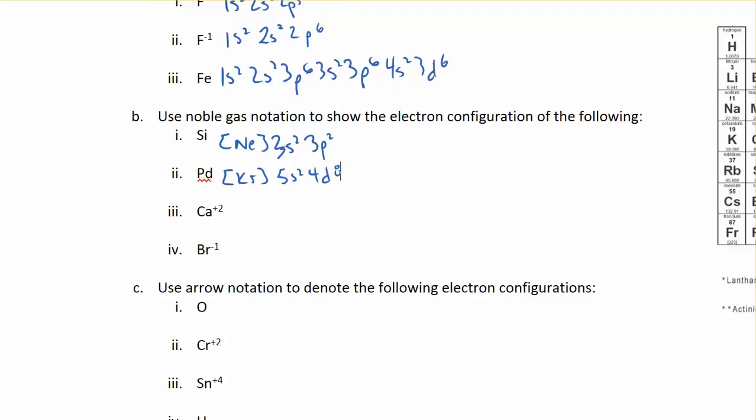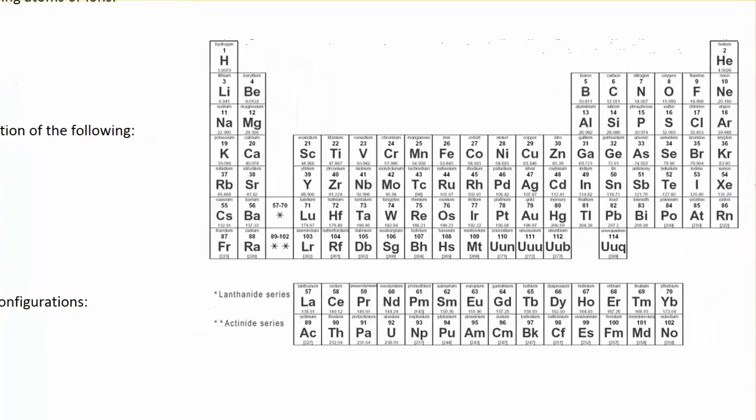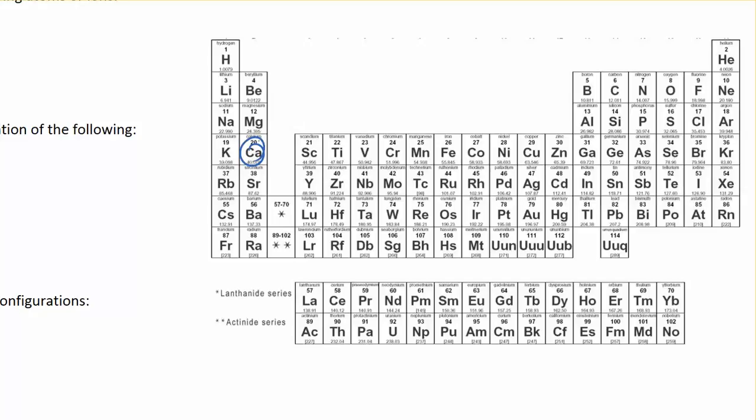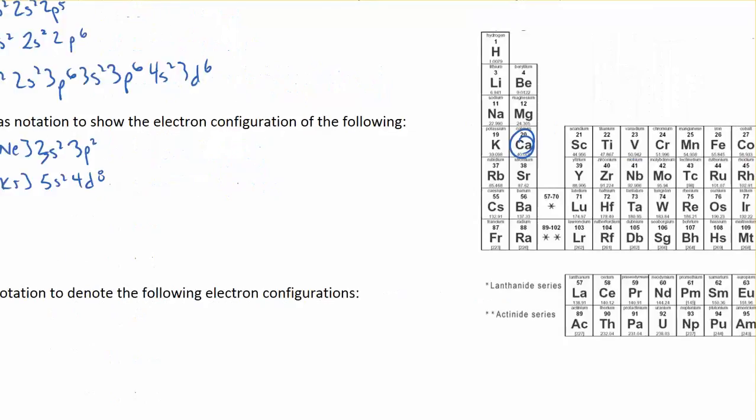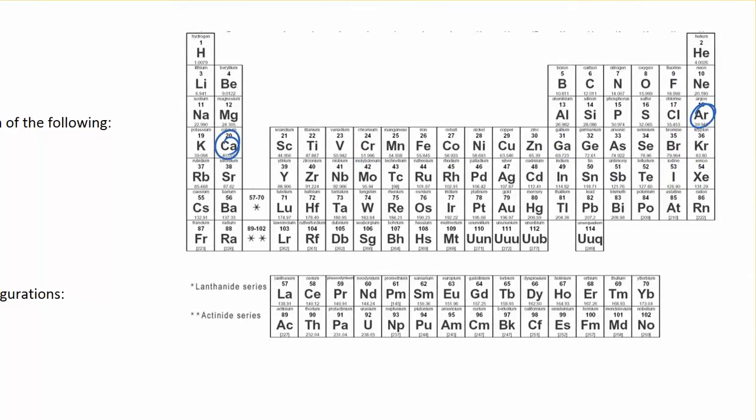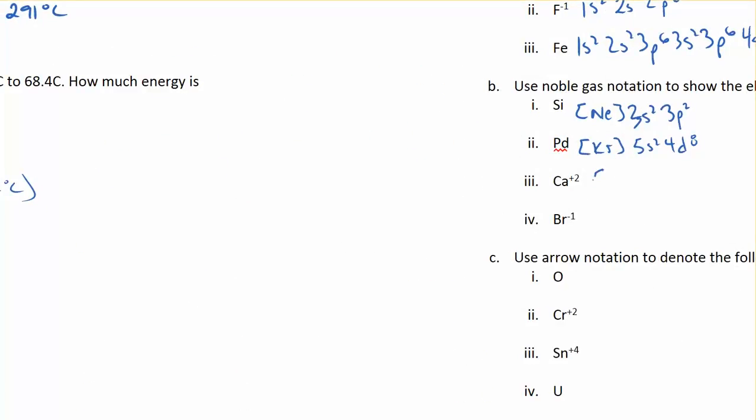Let's do the same with calcium and bromine. Here's calcium. So calcium typically looks like an argon atom plus 2 additional electrons. However, the calcium we were concerned with had a +2 charge, meaning it's lost 2 electrons, and now is the same electron configuration as argon.